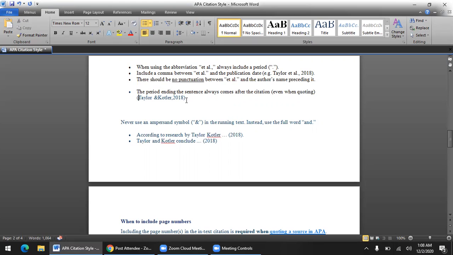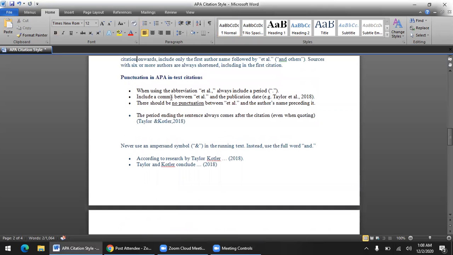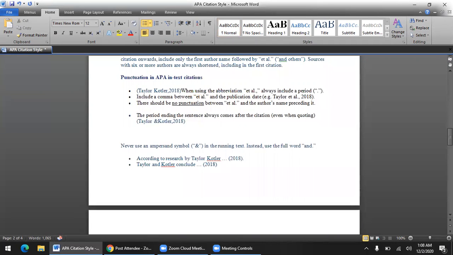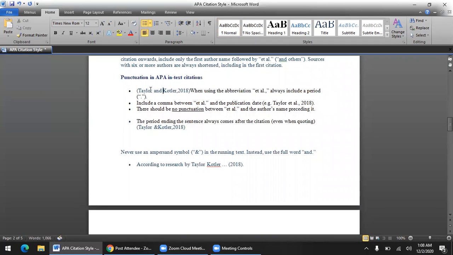If you are writing this at the start, remove it from here and, for example, you are writing this work, then remove the ampersand from here, write the full form "and", and also remove this one.